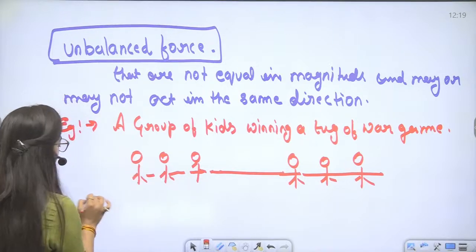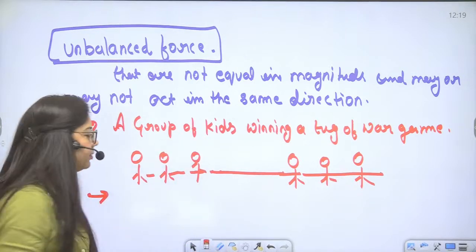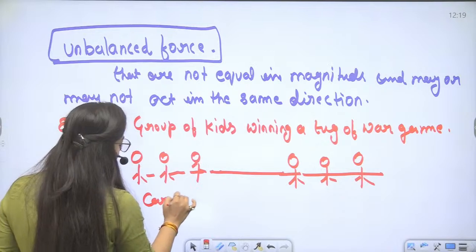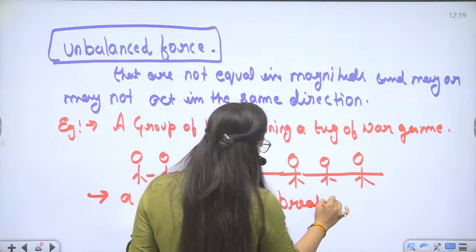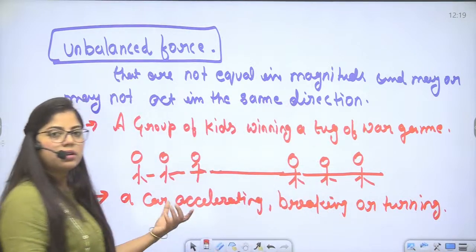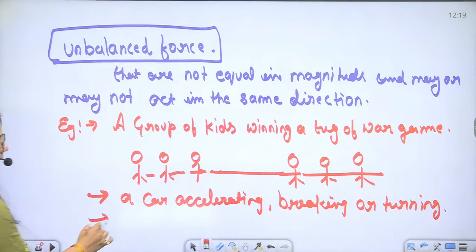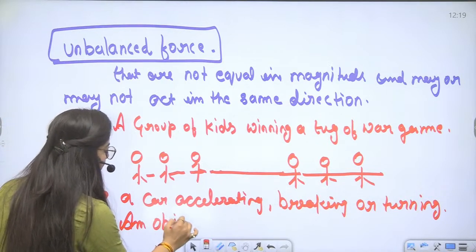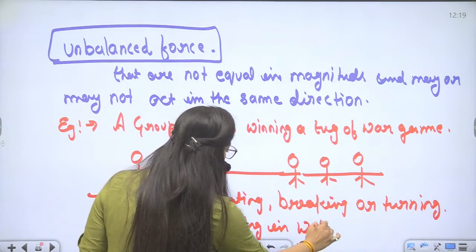Clear? Now, the second example is a car accelerating, braking, or turning. It is an example of unbalanced force, right? An object sinking in water.